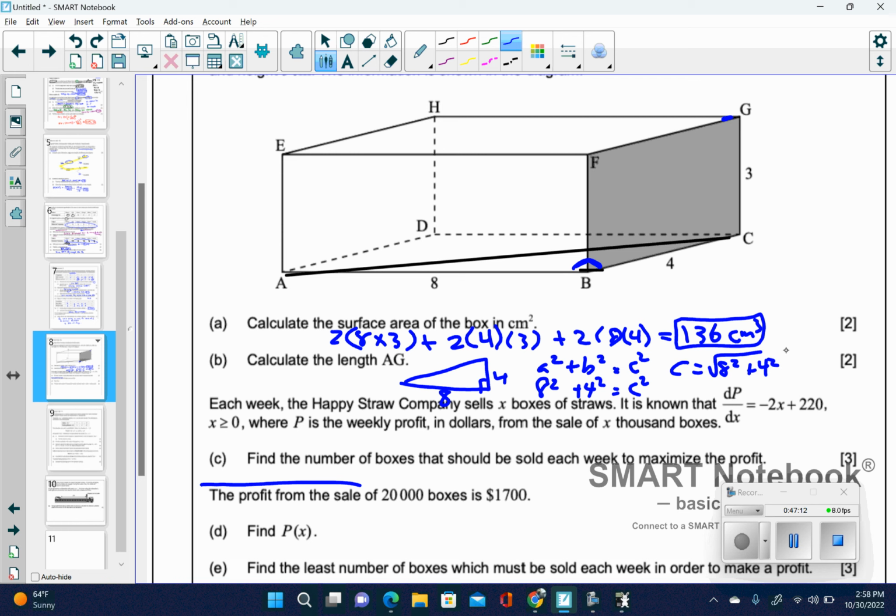I'm just going to evaluate that a little bit simpler. So 64 plus 16, when we do that, we get 80. So AC is equal to the square root of 80. That is this part right here, so the square root of 80 is that diagonal.